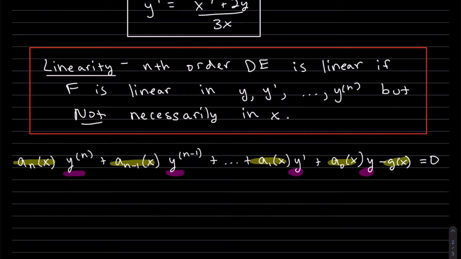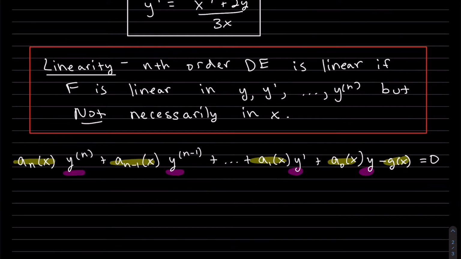So all of these coefficients, per se, in front of my nth derivative, n minus 1 derivative, all of these are my coefficients. Those don't have to be linear. The only ones that have to be linear are those. So that's what a linear equation looks like.